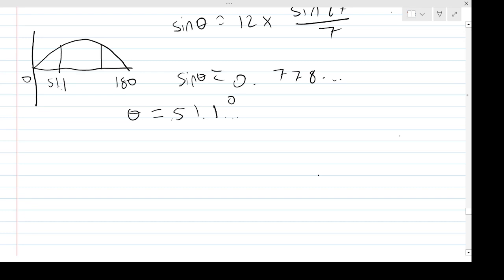So to find the other solution, again it's going to be 180 take away my angle 51.1, because the gaps at both ends are the same. So anyway, if I do that on a calculator, I get 180 take away this 51.1.